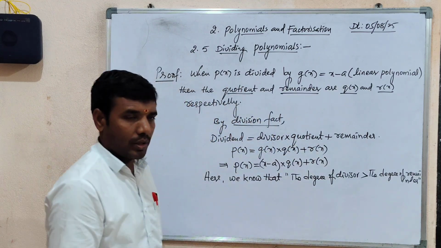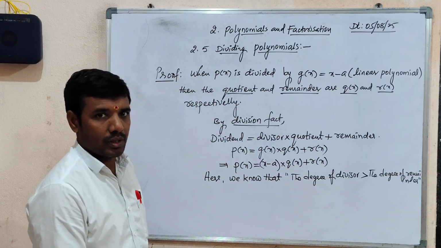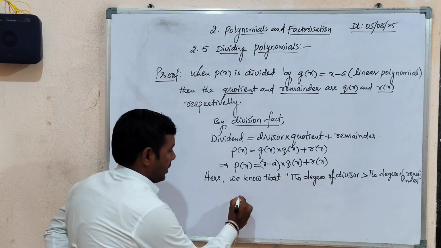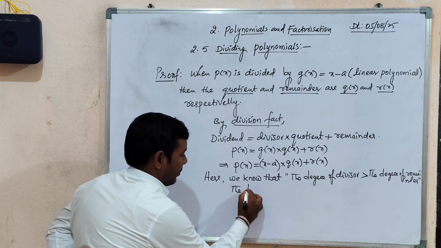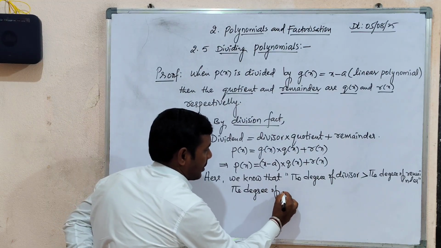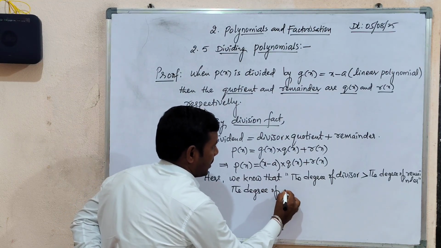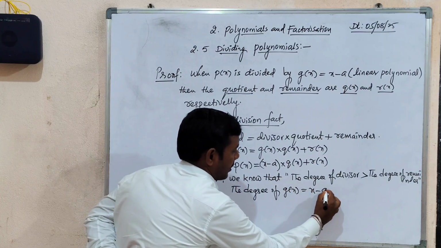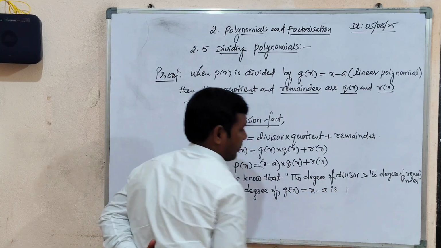This we know already, we discussed in the previous classes. So based on this, the degree of the divisor, here the divisor is g of x, which is equal to x minus a, is 1.